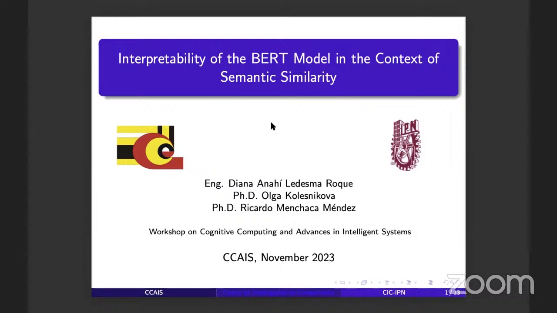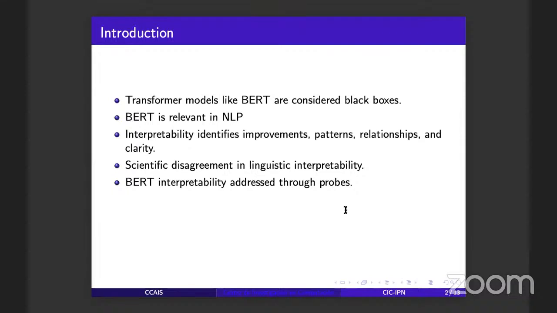Well, I started. My name is Diana, and I'm talking about interpretability of the BERT model in the context of semantic similarity. The problem is that transformer models like BERT are considered black boxes due to their complexity.